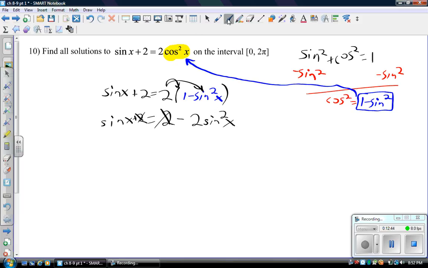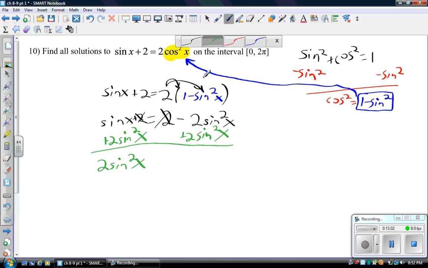So if I add 2 sine squared of x over, again, I'm going baby step by baby step. You obviously wouldn't have to show this. The equation now becomes 2 sine squared x, I still have this here, so plus sine x. Nothing's left over here since I added that over, equals 0.